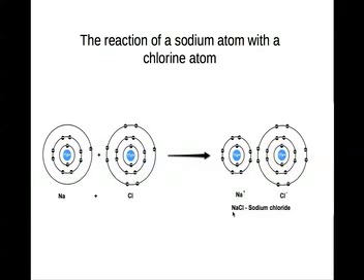It's just written NaCl. The compound is named by saying the name of the positive element and then the name of the negative ion, sodium chloride. In order to have a neutral compound, the charges on the positive and negative ions must balance out.